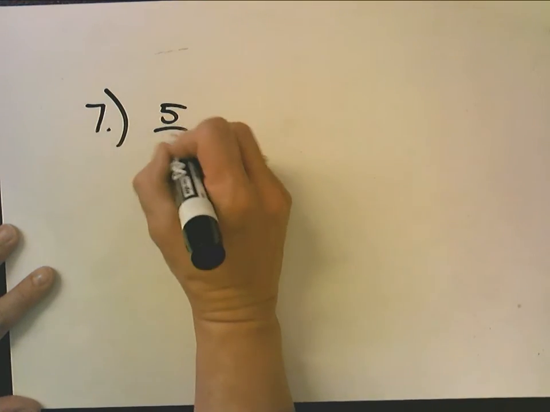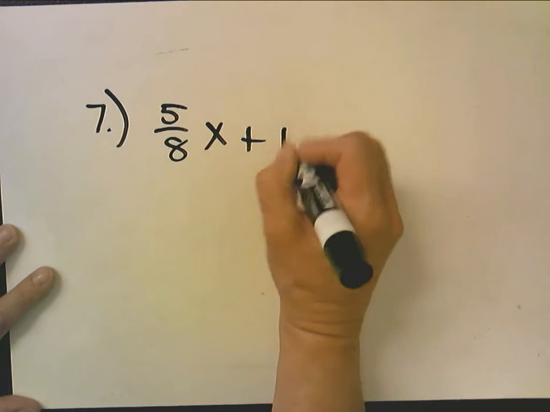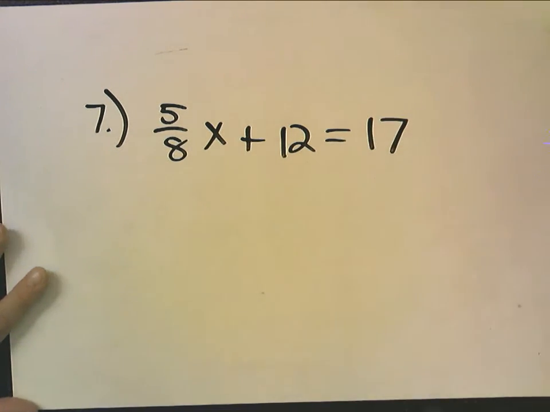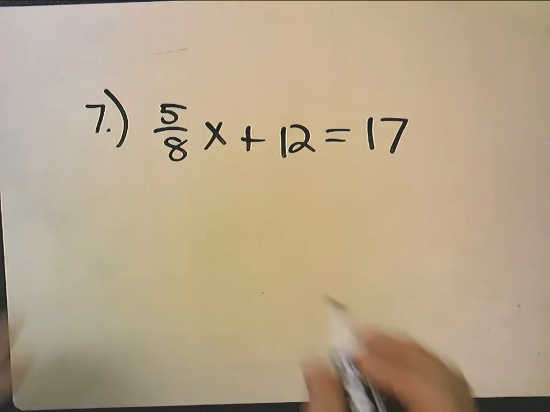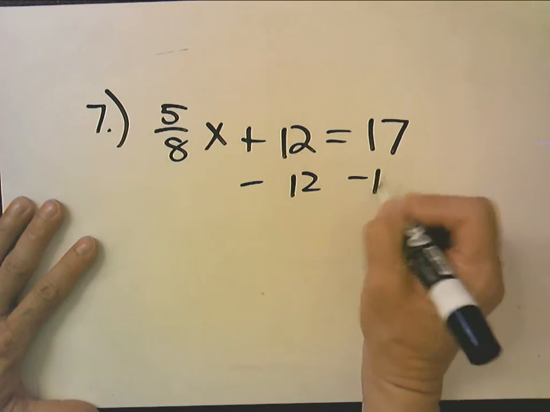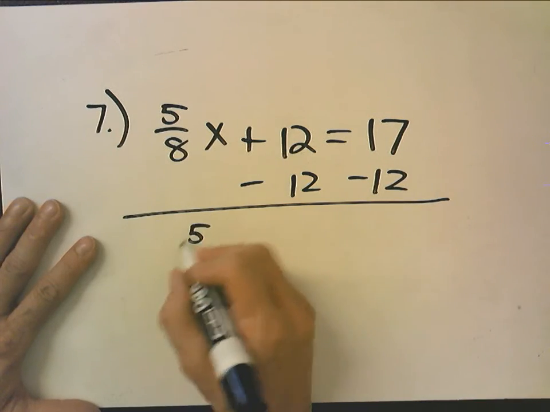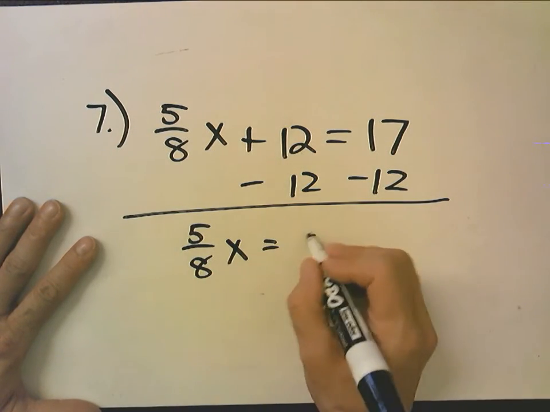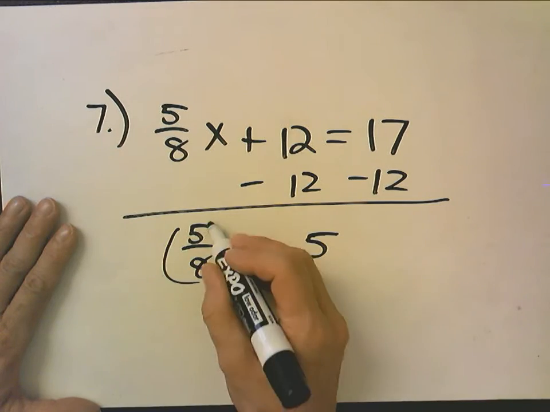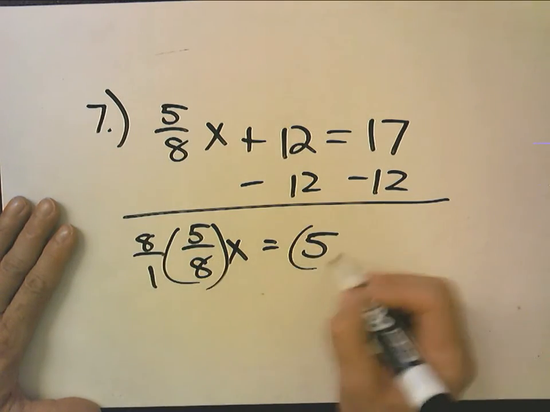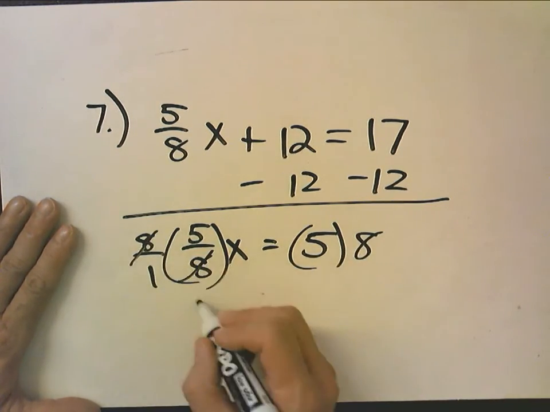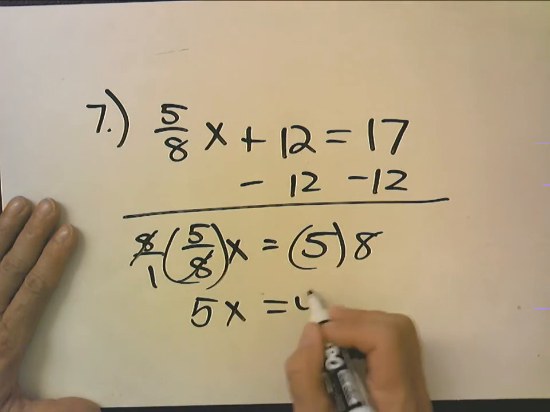Now, for number 7, I could multiply every single term by 8. But I think what would be easier is to first subtract 12 from both sides. And now I could multiply both sides by 8. These cancel out. I get 5x equals 40.